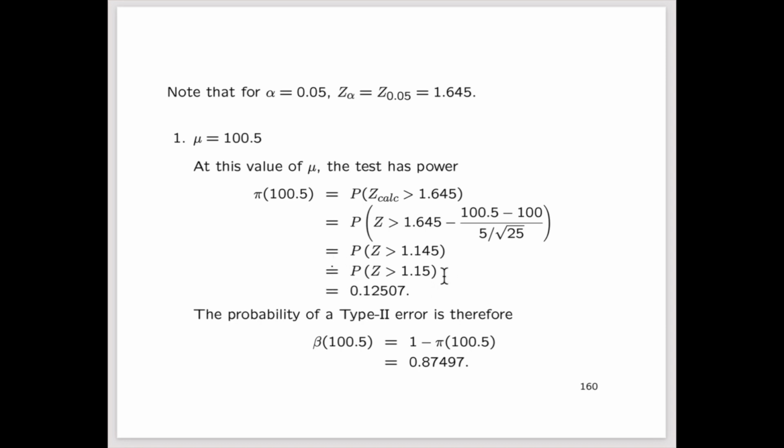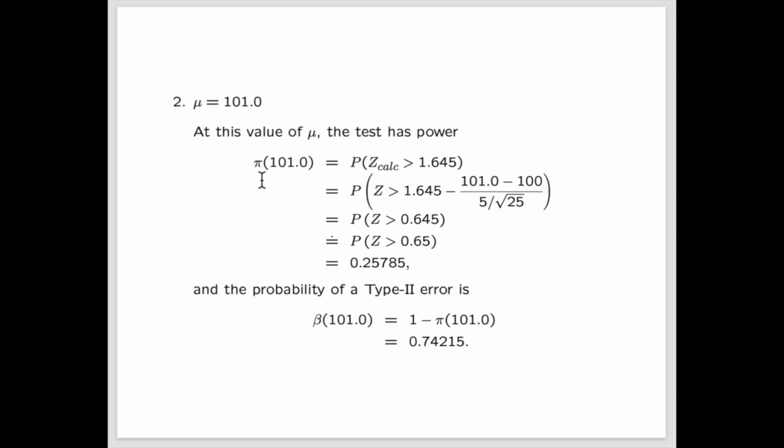I'm stating here very explicitly that the power function evaluated at 100.5 is approximately equal to 0.12507. The power of the test when mu is equal to 101 is approximately equal to 0.25785.